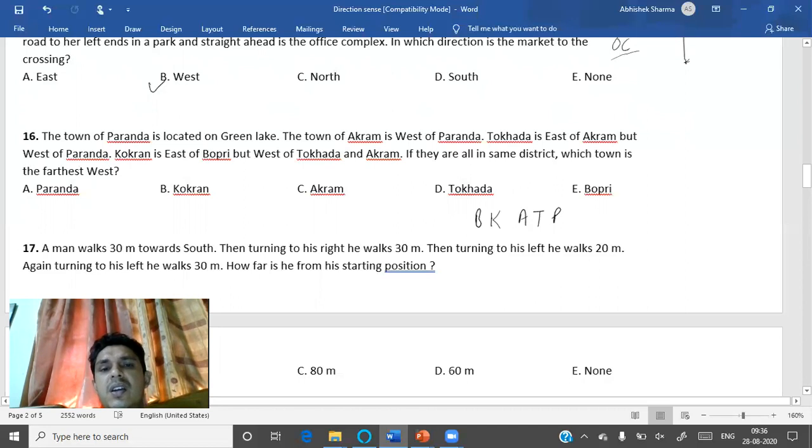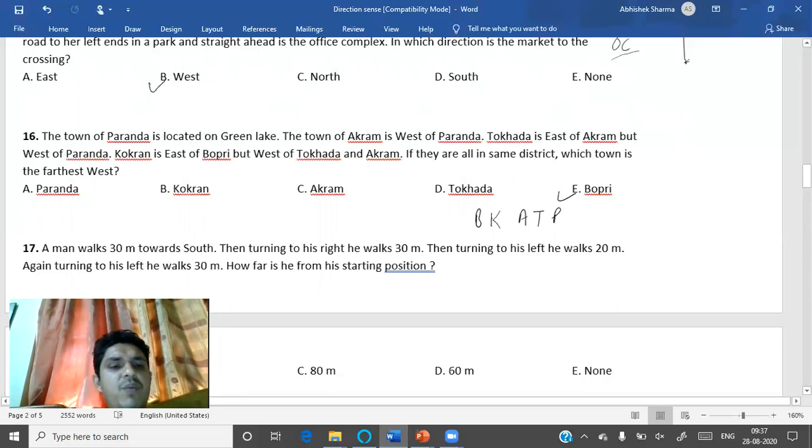So this is done. If they are all in the same district, which town is farthest west? So farthest west will be Paranda. No, this will be farthest east. He's asking for farthest west. So farthest west will be Bopri. So the answer of this question will be E, right?